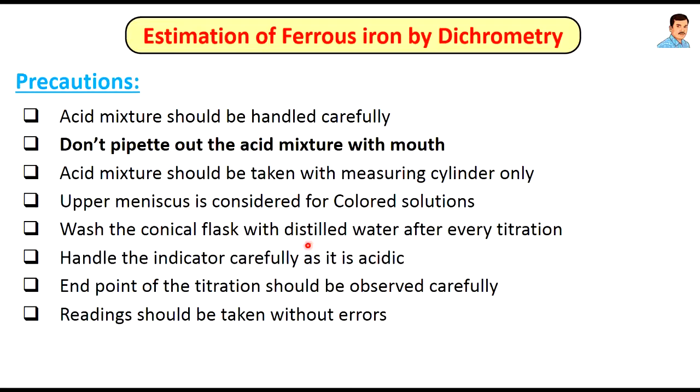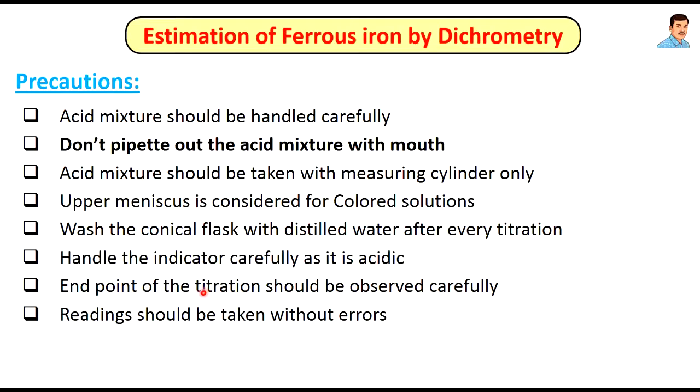Another precaution is indicator should be handled carefully as it is acidic. Indicator diphenylamine is prepared by dissolving diphenylamine in sulfuric acid. So it must be handled carefully without any spills.